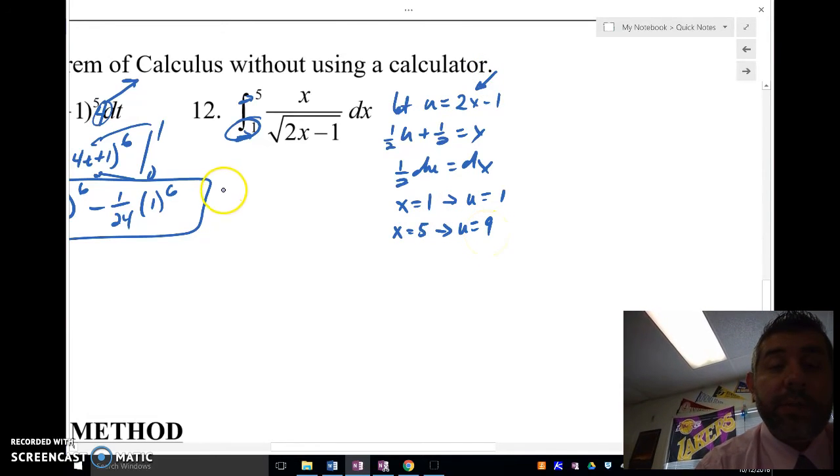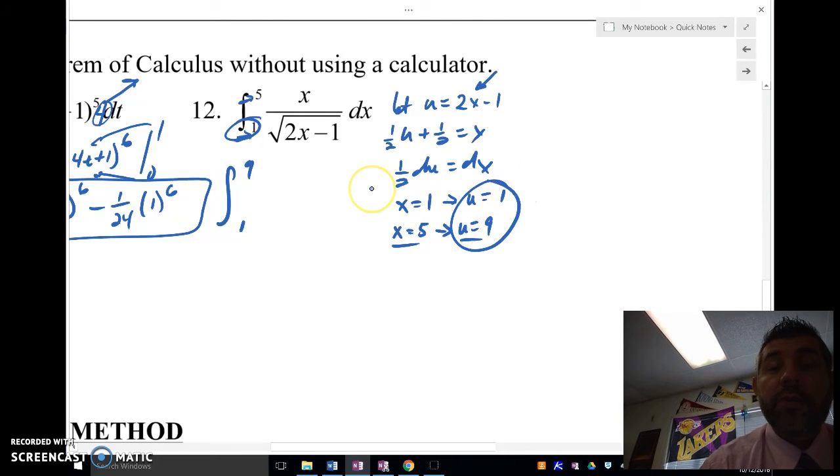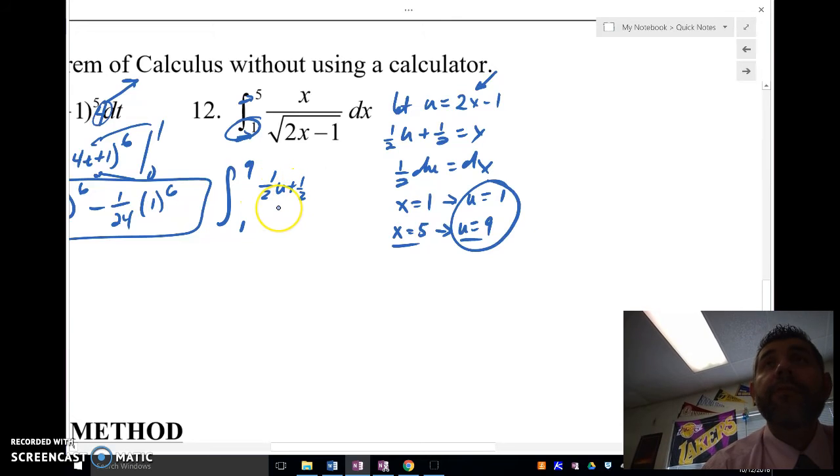So I'm going to go ahead and make my substitution now. I'm going to go from 1 to 9 now, because that's what I'm doing here for my u. And x was equal to 1/2 u plus 1/2 times, this is u to the negative 1/2, right?